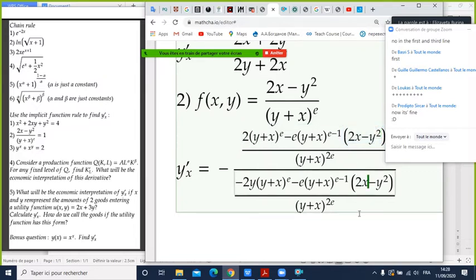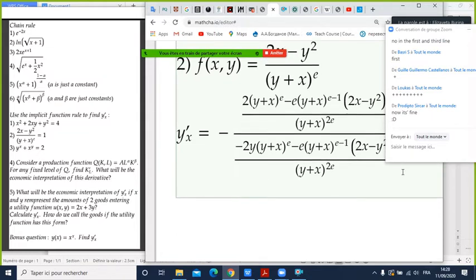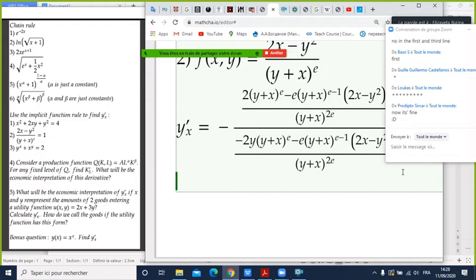So yeah, then you simplify it and you get something like, this is going to be really cool here because you can factor y plus x to the power of e minus 1 and then get whatever you get. Doesn't matter. For now, we are not doing algebra because we need to do a lot of other stuff, but you can train your algebra here. Cool.